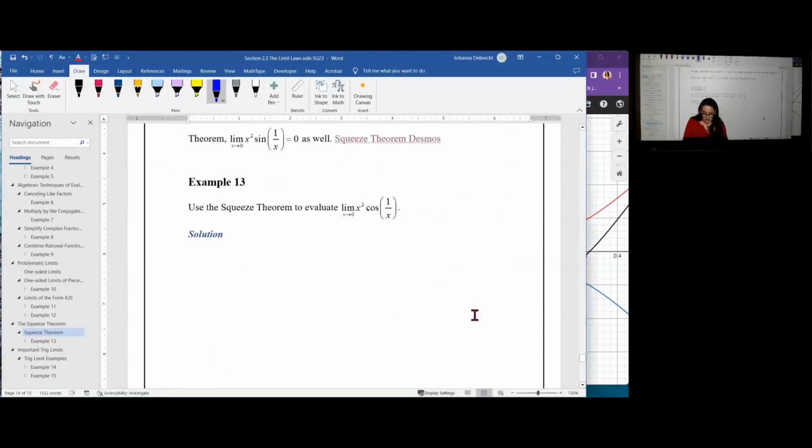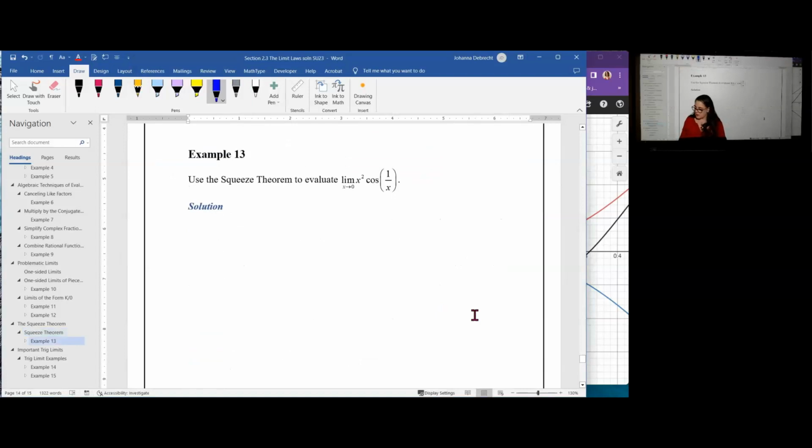Let's use the squeeze theorem to evaluate this limit of x squared times cosine of 1 over x. A squeeze theorem proof is very stylized. You write it in a very predetermined format.